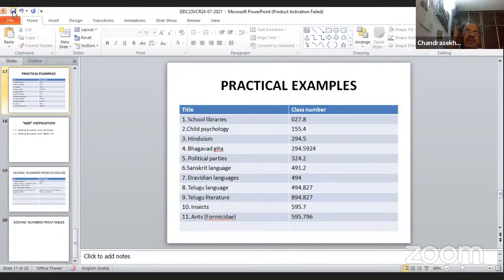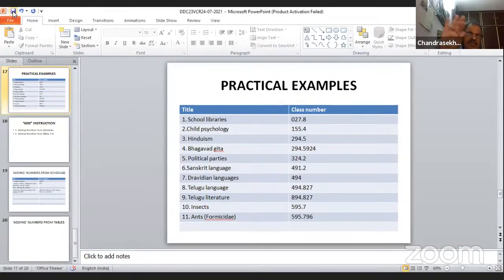Then you go to 150 in the schedules, scan each page and the subdivisions. You will come across psychology of men, psychology of women, then psychology of children, 155.4. So you can check like that in the examination.